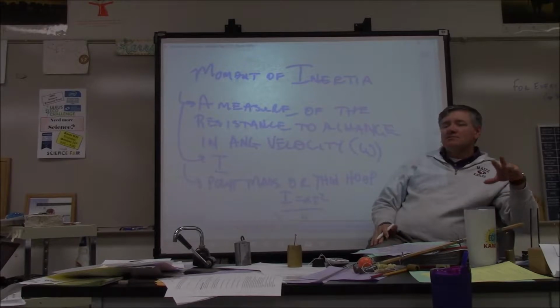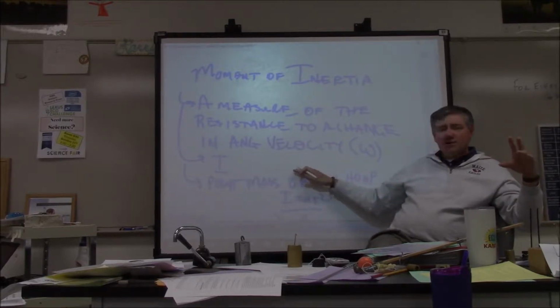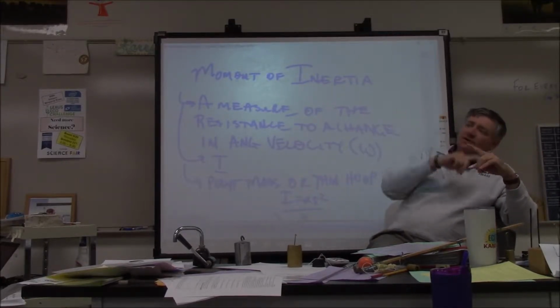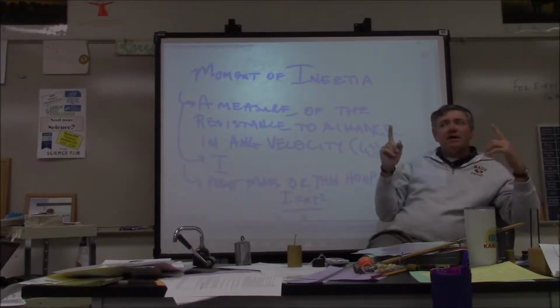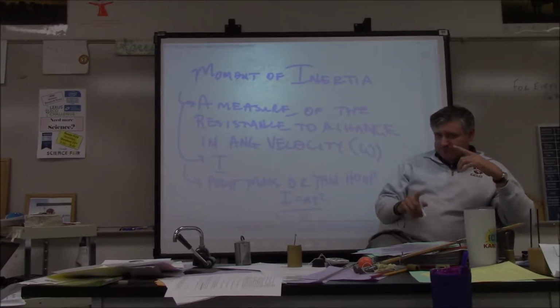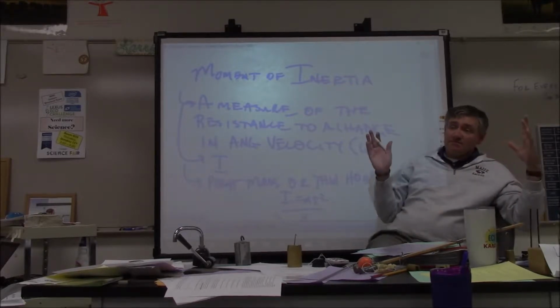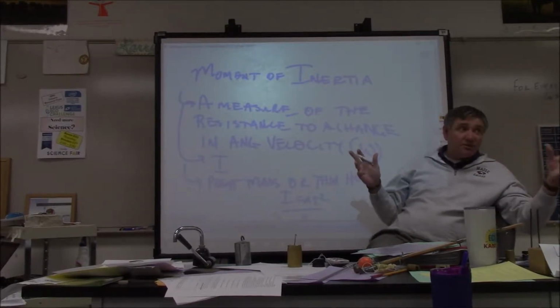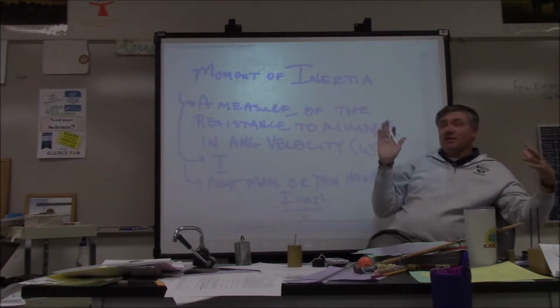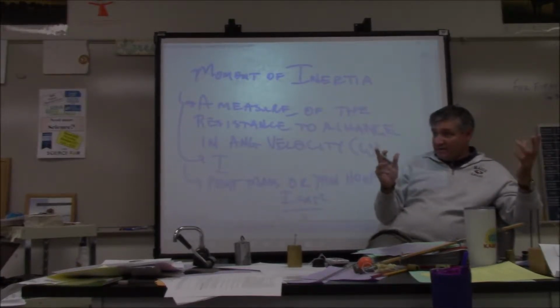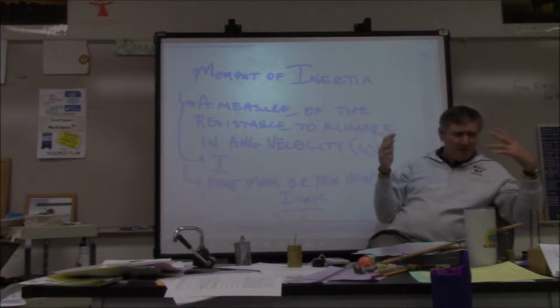So if something has a big moment of inertia, that means it's really hard to get it to spin. But once you get it to spin, it's harder to stop. Like the Earth has a very, very big moment of inertia, which is a good thing. Because if the Earth had a very small moment of inertia, then it would speed up and slow down very, very easily.